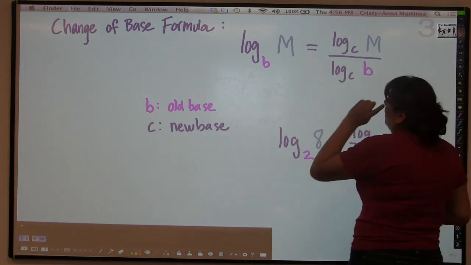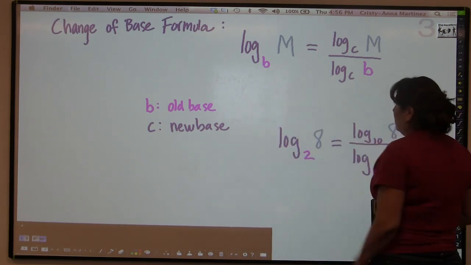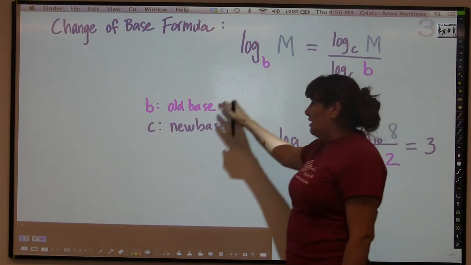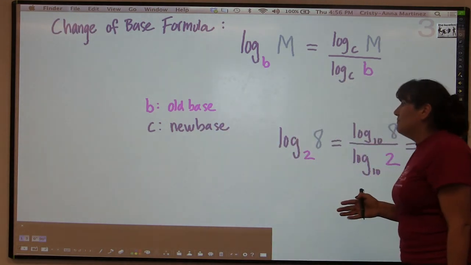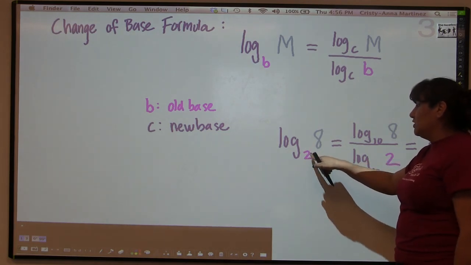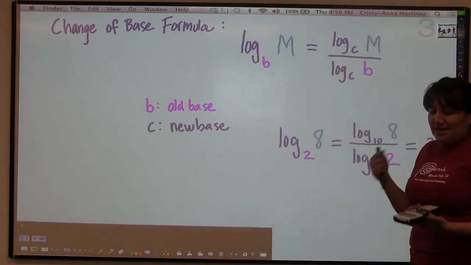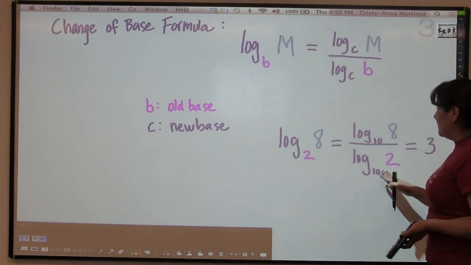Basically, you have to figure out what B is and what C is. I color-coded it for you here, but B represents what I call the old base, and C would be the new base. So for example, right now log base 2, that's the old base. I want to convert the 2 to something my calculator will work in, which is base 10. So that's what I've done here.